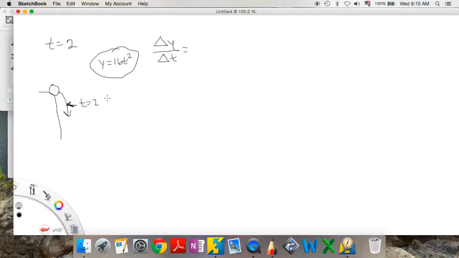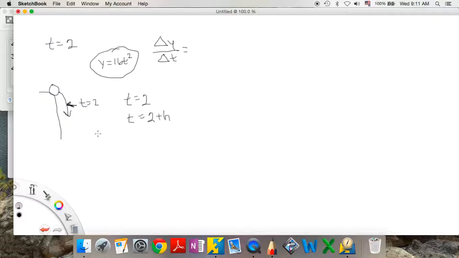But if we want to know what the instantaneous speed is right there, we need to figure out what our t is for our time. So we're going to figure out what happens from time t equals 2 seconds to time t equals 2 plus h. And h is just going to be this really small amount so that we can figure out right up close to t equals 2.